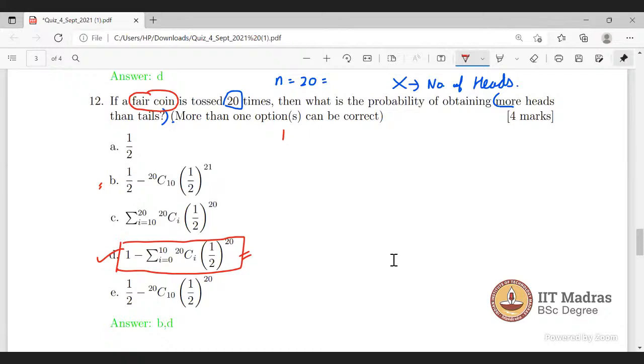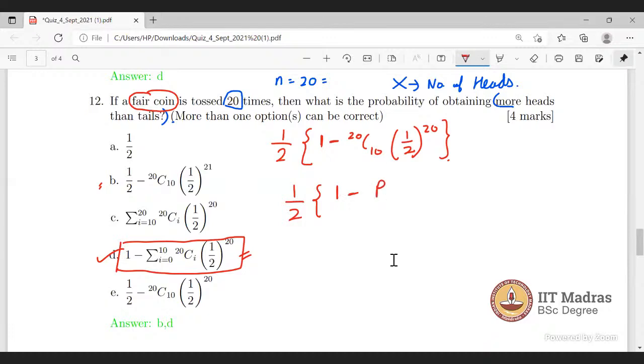It is because we have taken the half. If you take the half common, it would be 1 minus 20 C 10, 1 by 2 raised to the power 20. Now it makes sense a bit. Yes, understood.